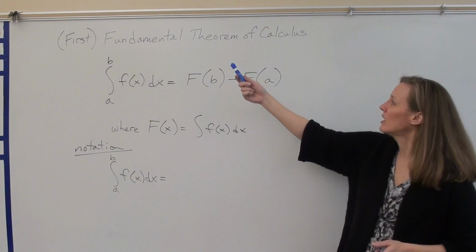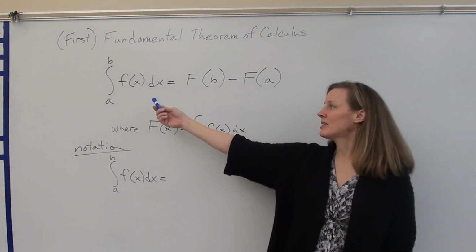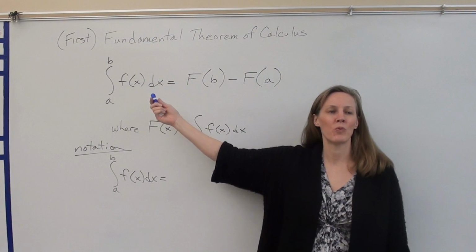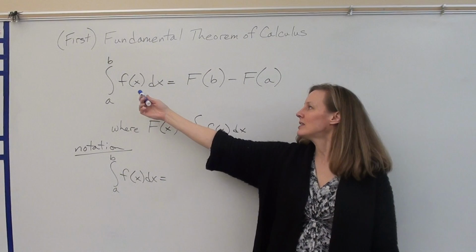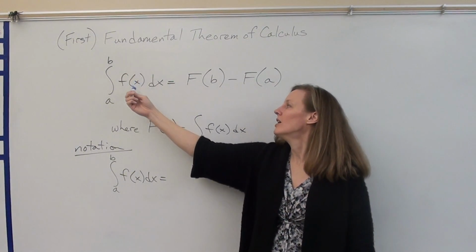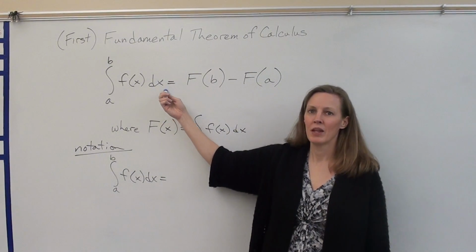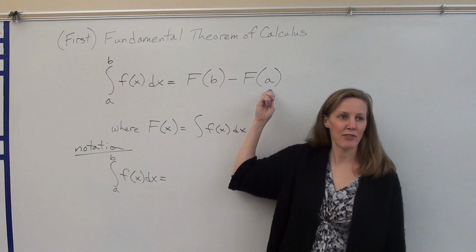Alright, so here is what the fundamental theorem of calculus is all about. It's technically, basically, the definition of what we call a definite integral. And what it says is, when you have an integral from a to b of f of x dx, this equals big F of b minus big F of a.